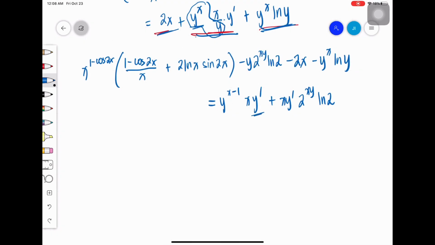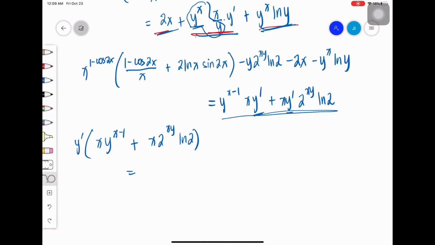Just need to isolate y prime here, and then let's divide both sides by the remaining factor upon pulling out y prime. So let's pull out y prime. If we do that, what will remain inside the right side? What will remain is an x y raised to x minus 1 for the first term. Do you follow? Plus, for the second term, I'll have something like x times 2 raised to xy ln 2, susundan equals, let's just copy what's in here.